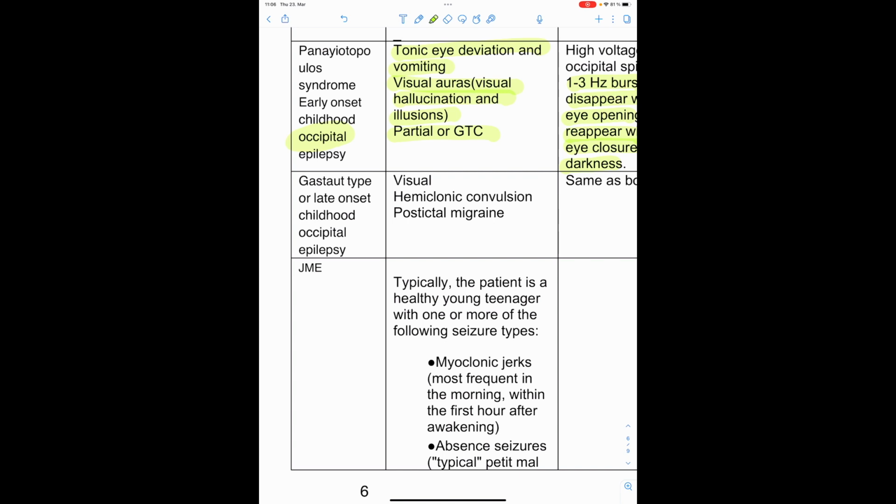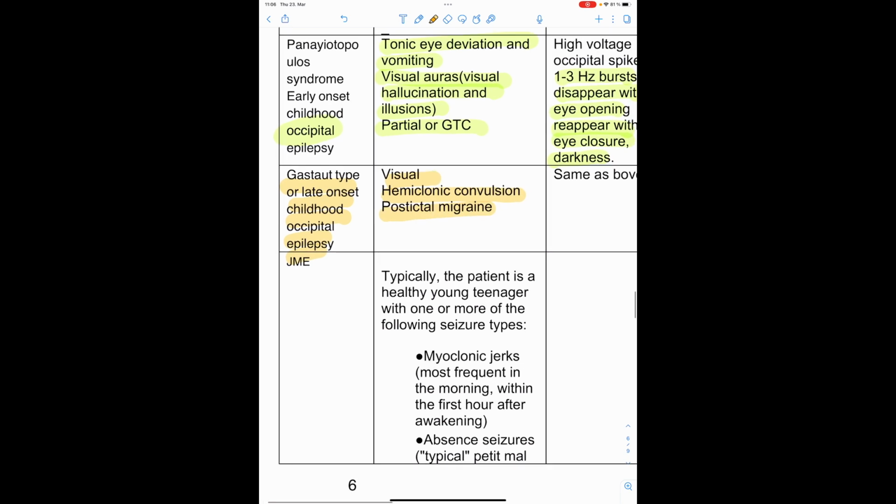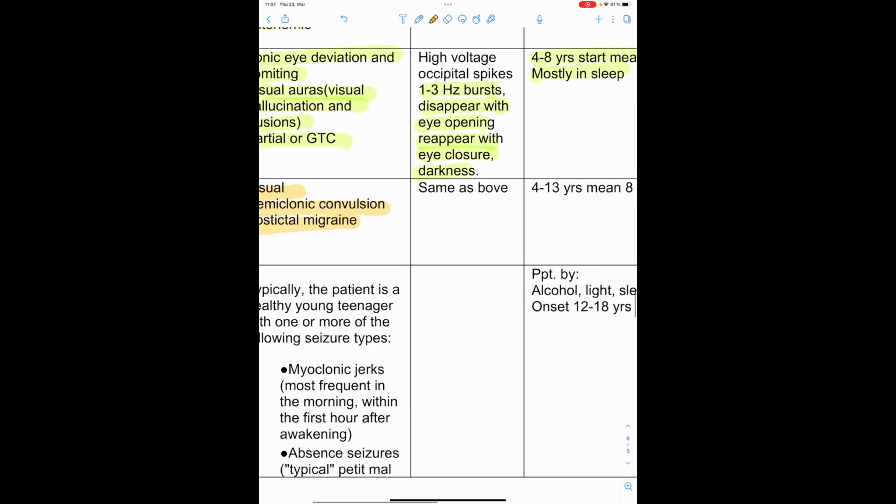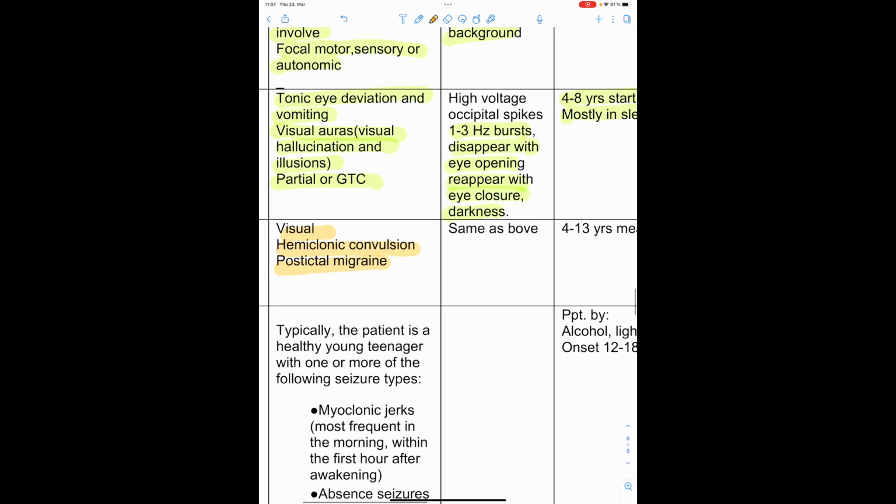Gestalt type or late onset childhood occipital epilepsy, there are visual symptoms, and there are hemiclonic convulsions, post-ictal migraine. So visual symptoms can be present, and there can be hemiclonic convulsions and post-ictal migraine. And this pattern is same as above.